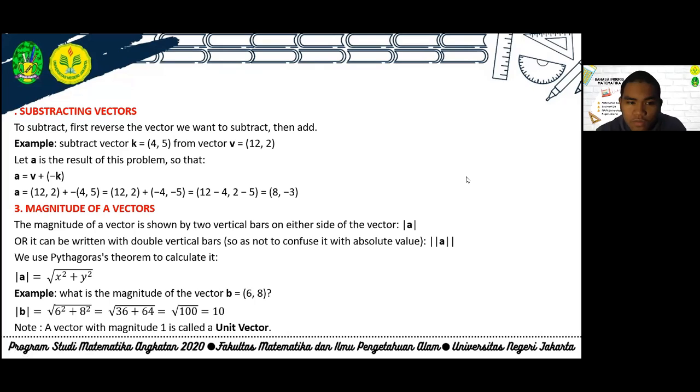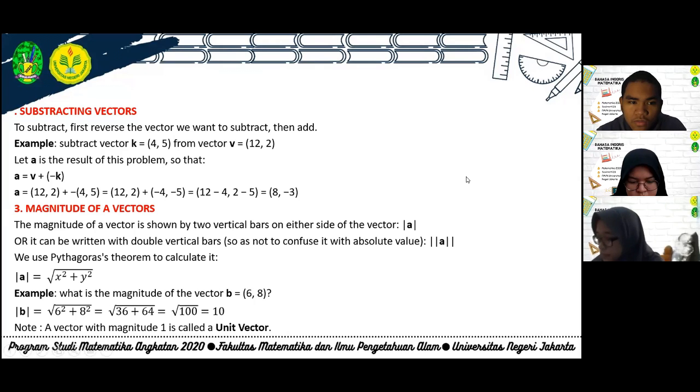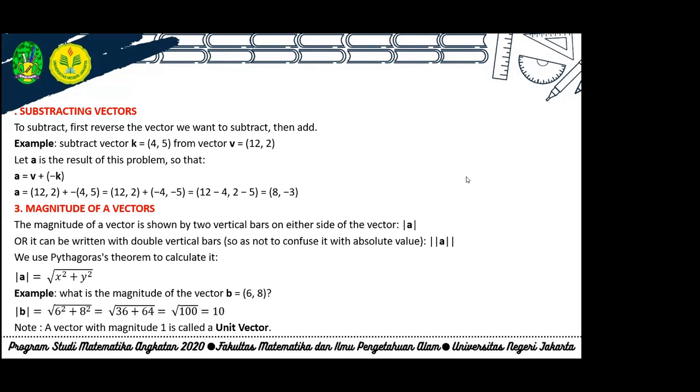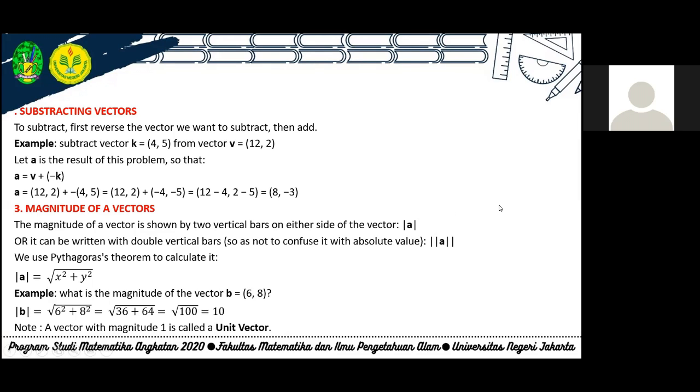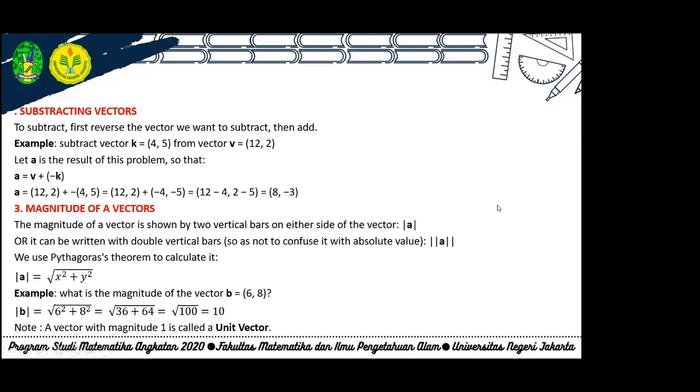Three is magnitude of a vector. The magnitude of a vector is shown by two vertical bars on either side of the vector like this. Or it can be written with double vertical bars like this, so as not to confuse it with absolute value.